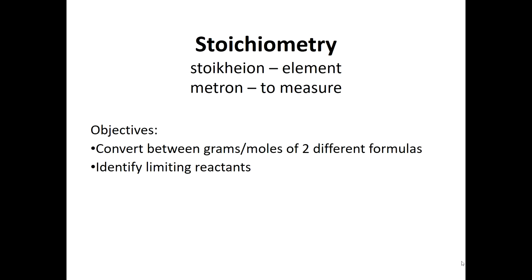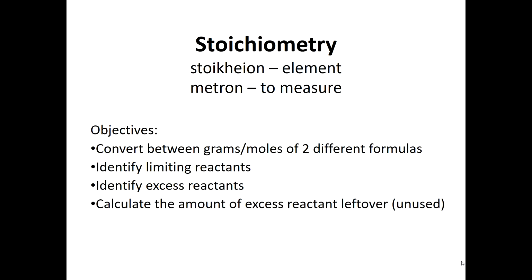Later in this unit, we will cover how to identify limiting reactants. So that's the reactant that runs out first when you have a reaction. The reactants that are in excess, meaning there's still some left over after the reaction stops, those are called your excess reactants. And then we're going to learn how to calculate how much of that excess reactant is left over or is unused at the end of the reaction.